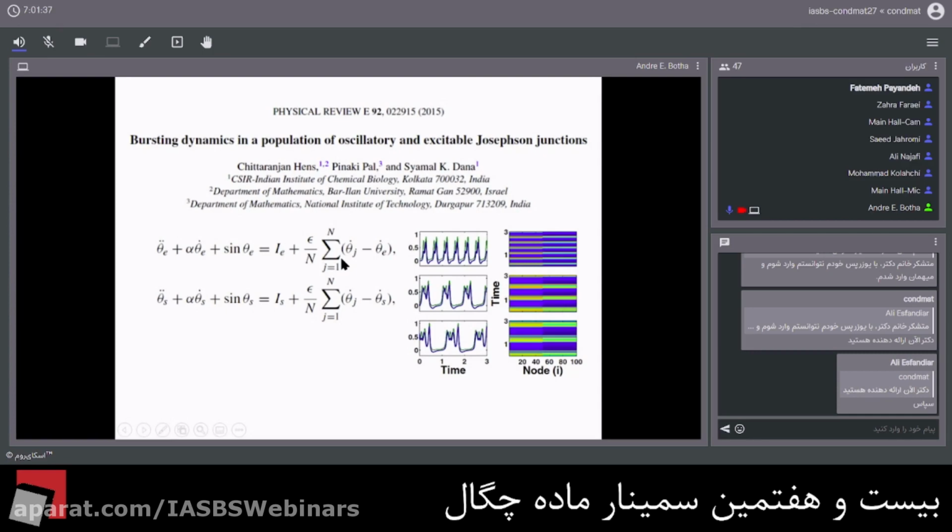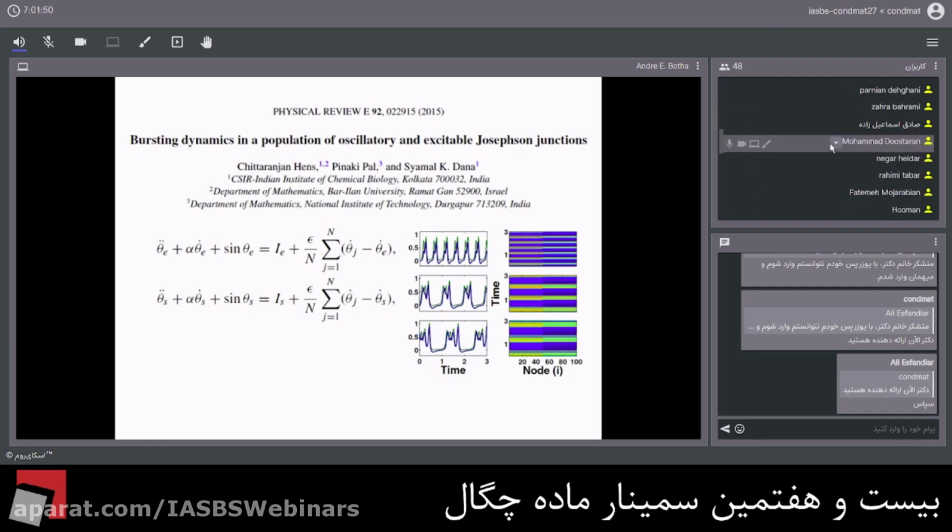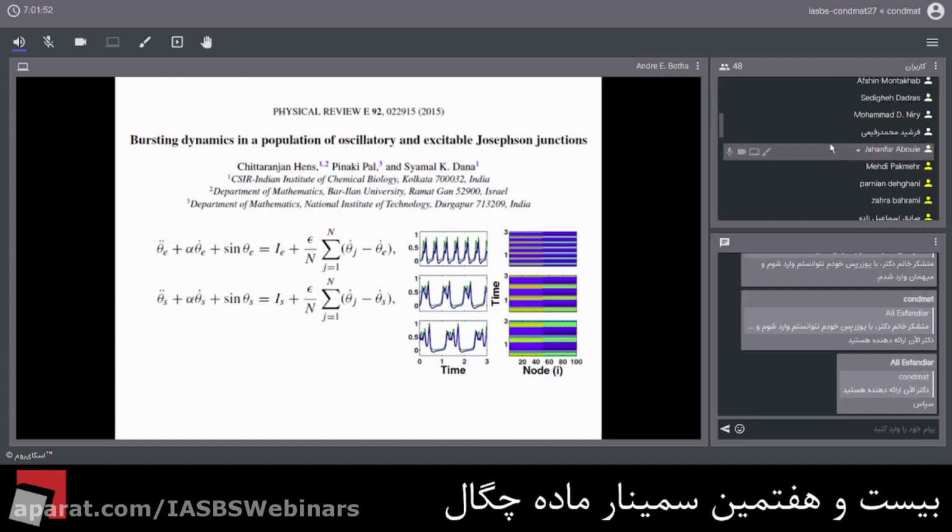So the coupling here is purely mathematical, and the study is also purely in terms of the mathematical and numerical results. So not much citations for this paper, unfortunately.